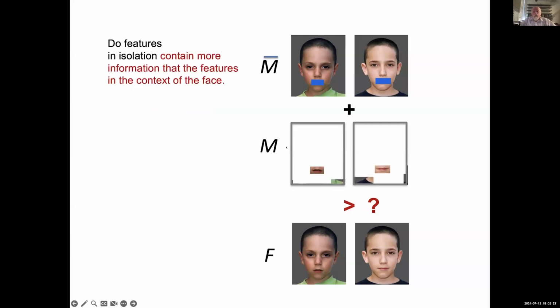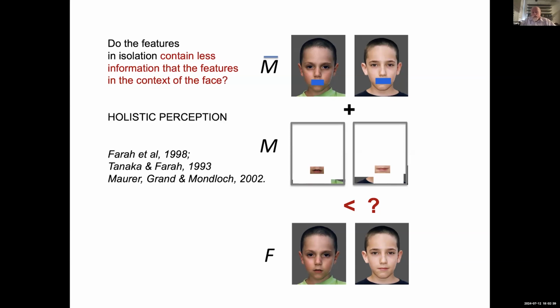Alternatively, it could be that there is more information in the features than you can extract from the face when the features are present in the face. In brief, the face is hiding or masking the information when it's there. And the opposite of that is holistic perception, so-called, which has been suggested as characteristic of face perception, that the features are enhanced and more informative.